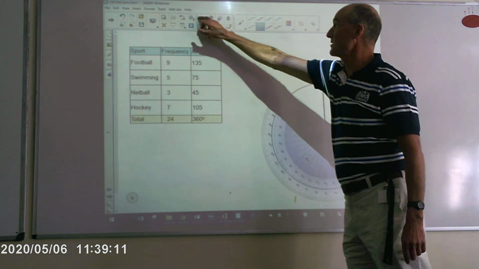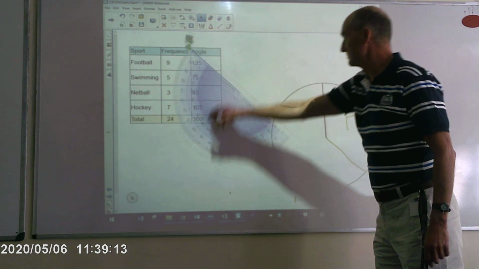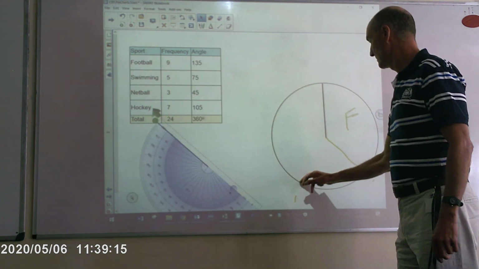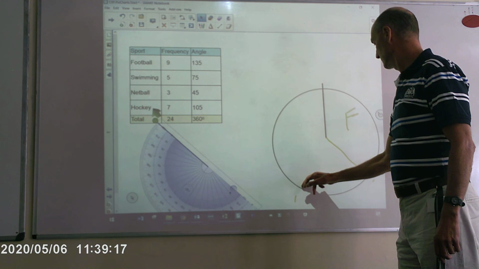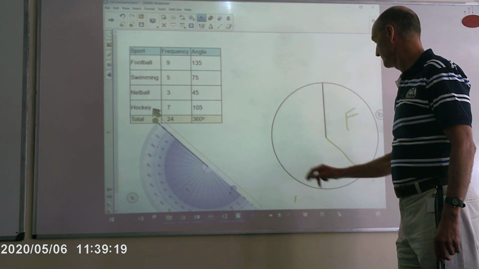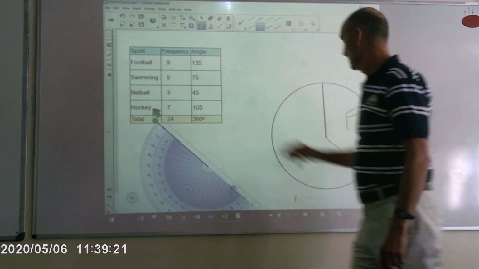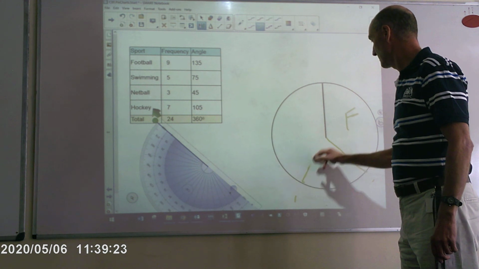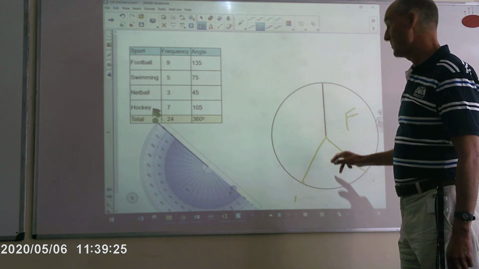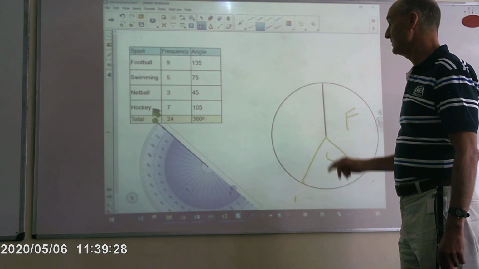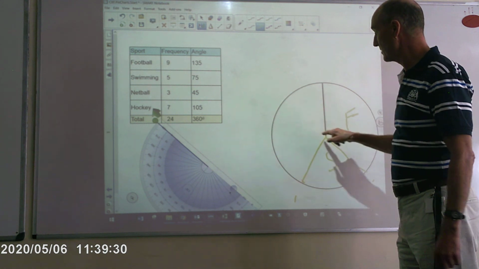Take my protractor away. And that would be my swimming group. And then I can measure my 45 degrees in here.